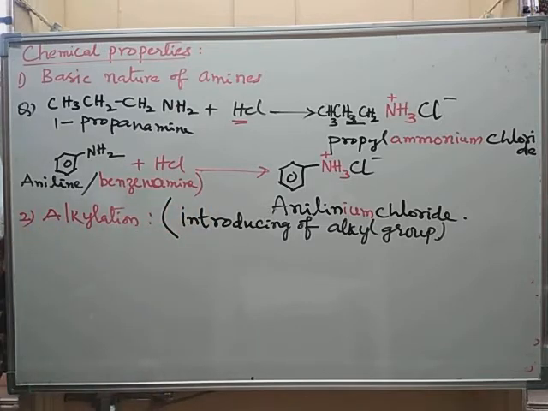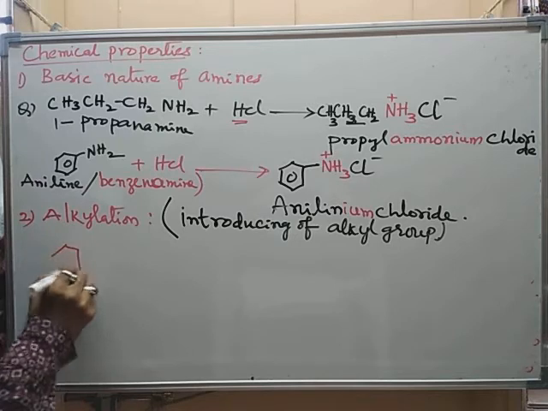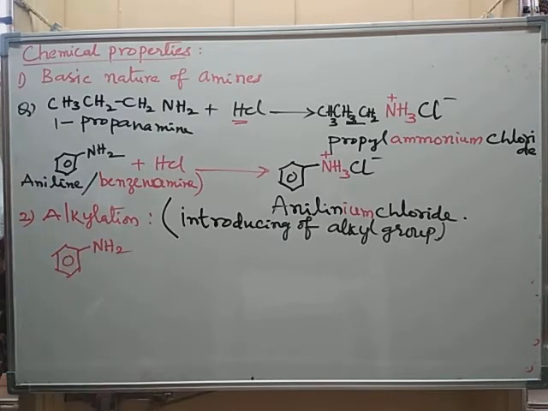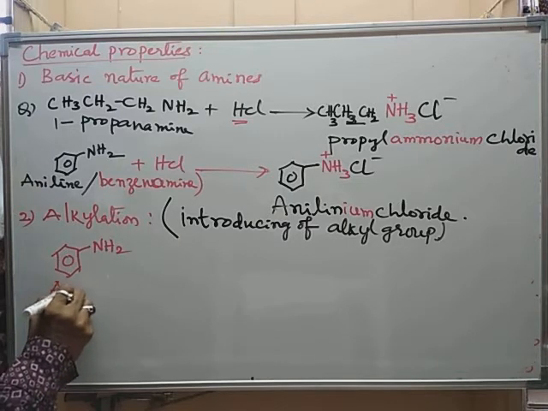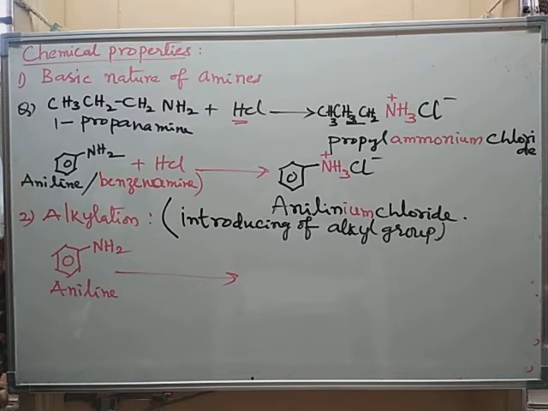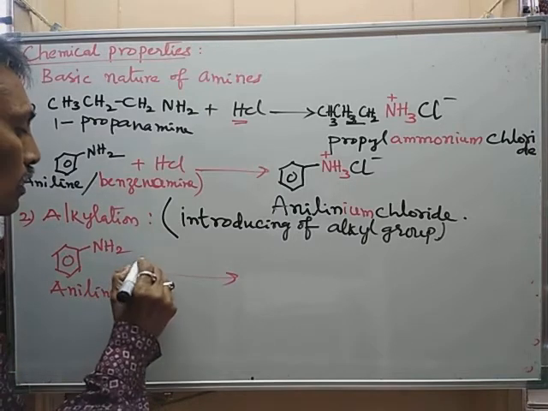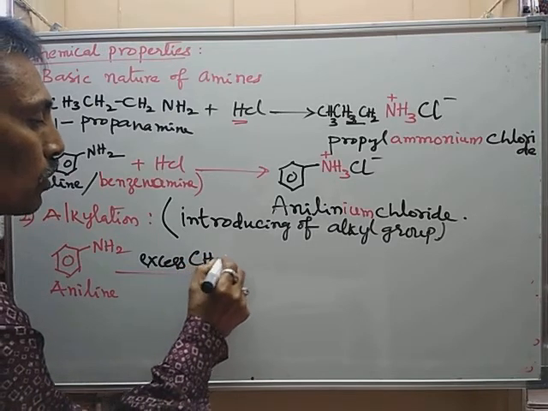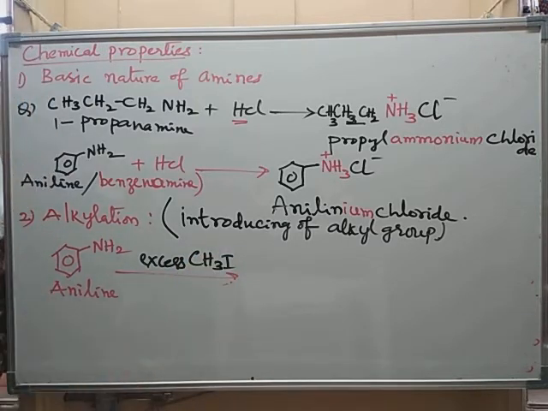Take an example. This is our favorite compound, mentioned previously, aniline. Aniline with excess of methyl iodide. Name the products. This is a question we have to answer, and it is very easy to answer. How?